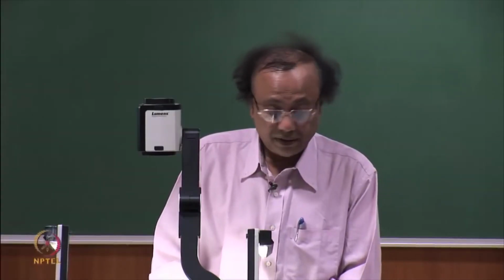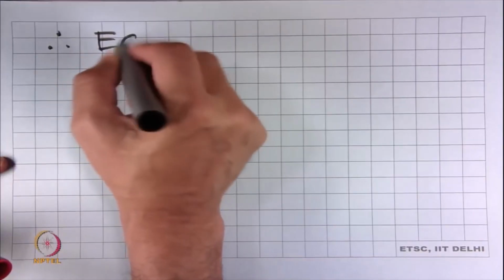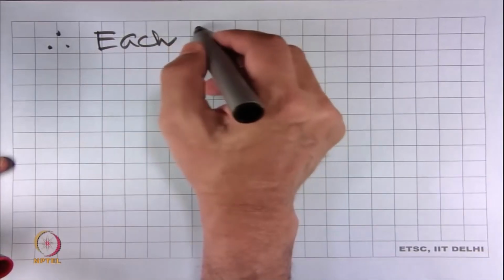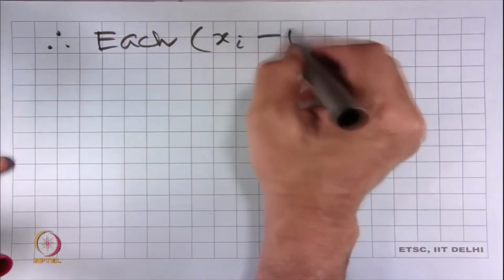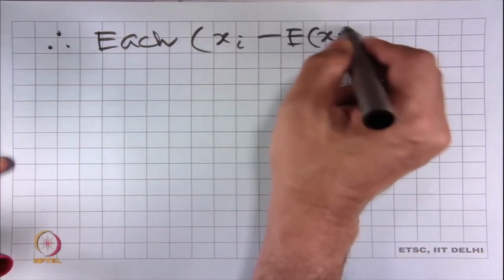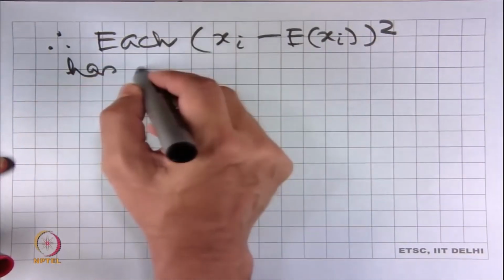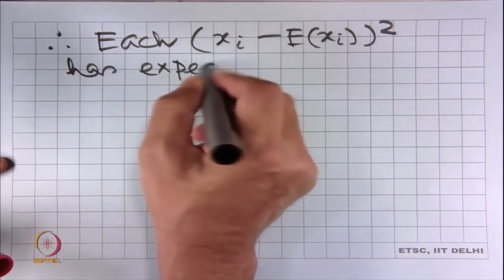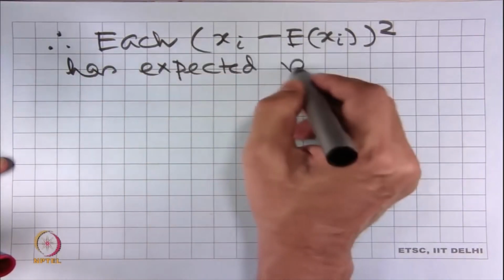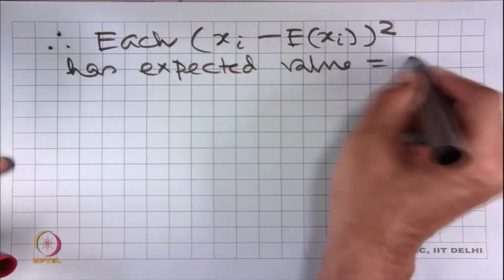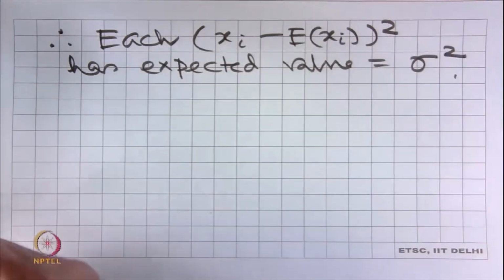Therefore, each x i minus expected value of x i whole square has expected value equal to sigma square.